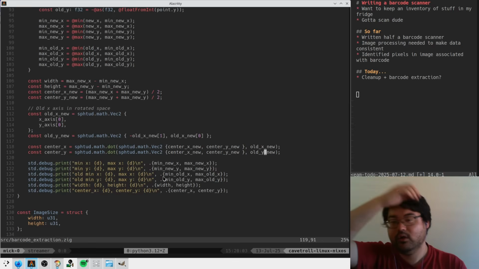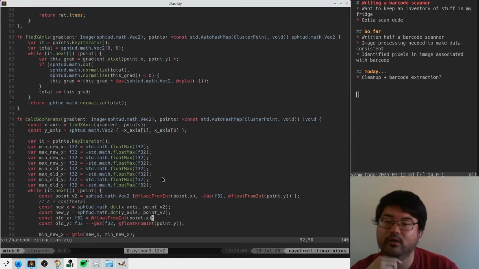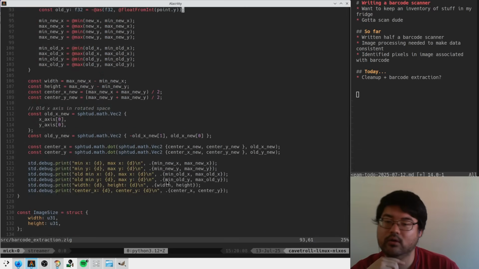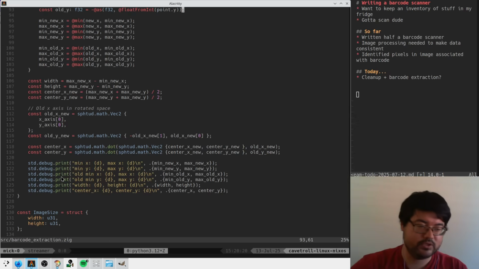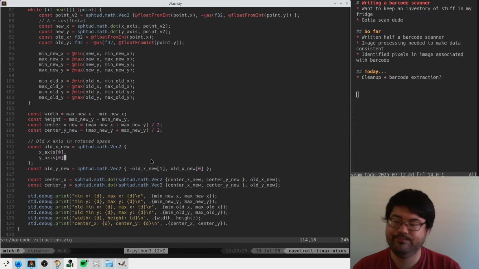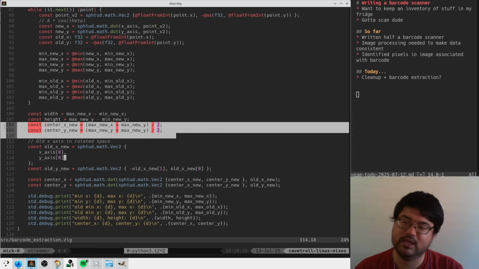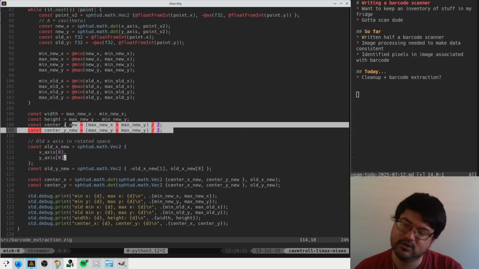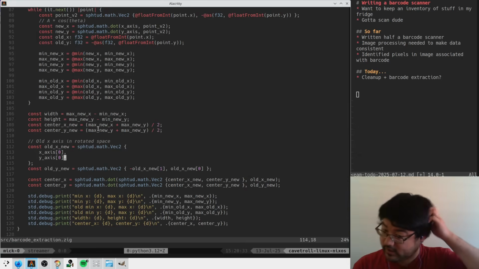Why? Is it divided by 2 on the rotated rect? I don't think so. We've divided by 2 to get the center positions, so I think it should be fine.